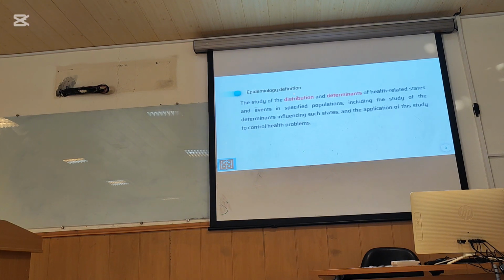Descriptive study emerged from the distribution component, and analytical studies emerge from the determinants component. Yes? So, based on this fact, descriptive indices emerge from the distribution component, and measures of association emerge from the determinants component. Okay?